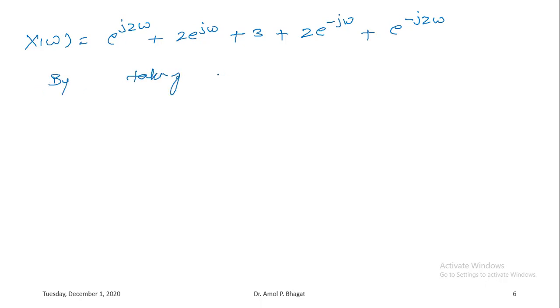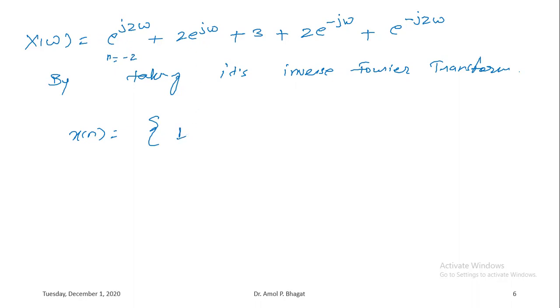So by taking its inverse Fourier transform, what will we get? We'll get x of n. So x of n is nothing but the coefficients of these terms simply. Okay, so at n is equal to minus 2, the coefficient is 1. At n is equal to minus 1, the coefficient is 2, right?